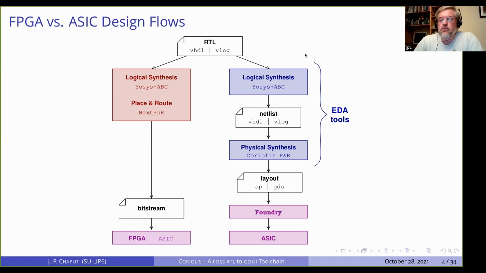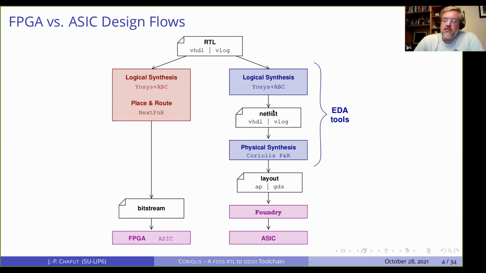I didn't put every step on the right side, but still. First, we have the logical synthesis, which works on a different basis than the FPGA, because in the FPGA it's the resources built into the FPGA, like the LUTs and the soft blocks. Here, it's called a standard cell library. We will get to that a little bit later.